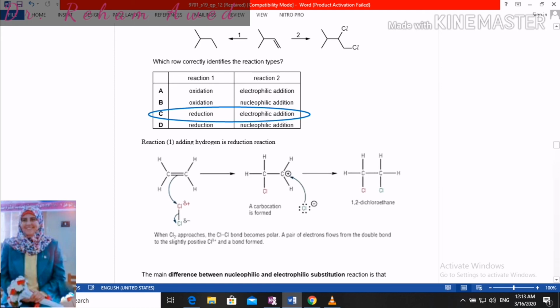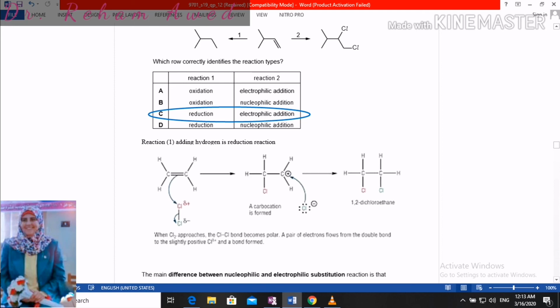It will have a decrease of electrons. So the chlorine will attach to our compound, and we will have a carbon cation. We will have carbon carrying a positive charge.